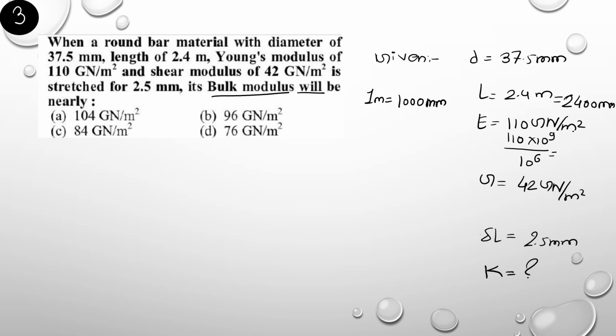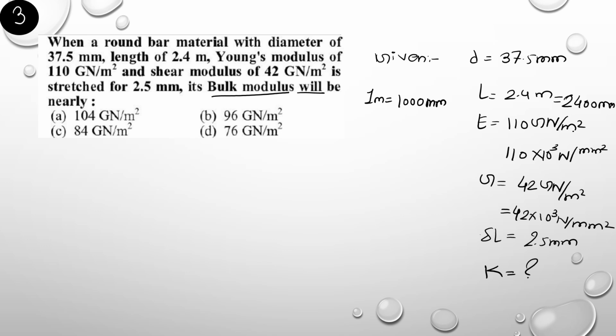After cancelling, 10 raised to 6 and 10 raised to 9 leave 10 raised to 3. So we write 110 into 10 raised to 3 Newton per mm square. Similarly, the same procedure gives 42 into 10 raised to 3 Newton per mm square.